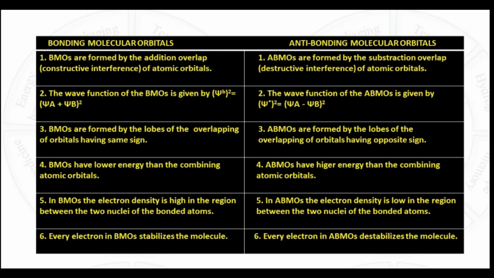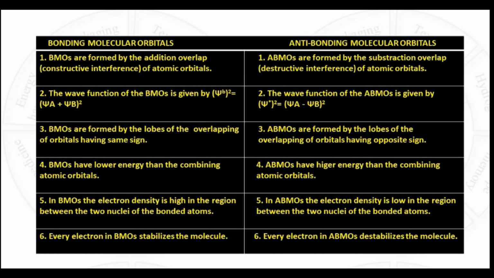The second one is the wave function of the bonding molecular orbital, given by psi B squared, which is psi A plus psi B whole squared. I am not able to write on this particular picture. This gives psi A squared plus psi B squared plus 2 psi A psi B, and for the anti-bonding there is a minus sign.